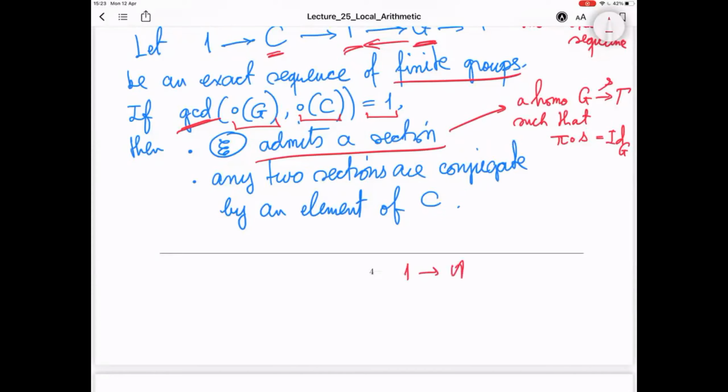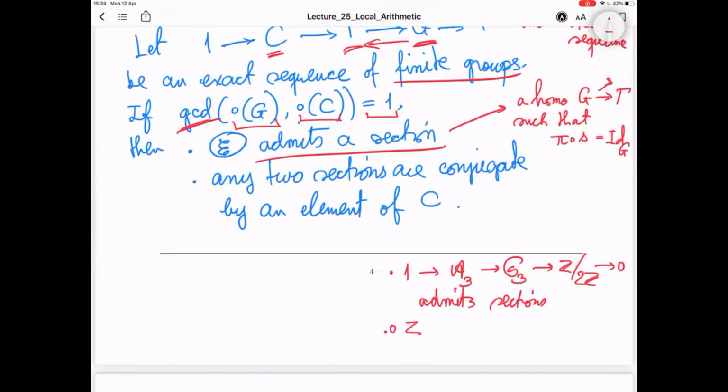For example, if I take A3 sitting inside S3, and the quotient is Z mod 2Z, this admits sections. It admits some sections.